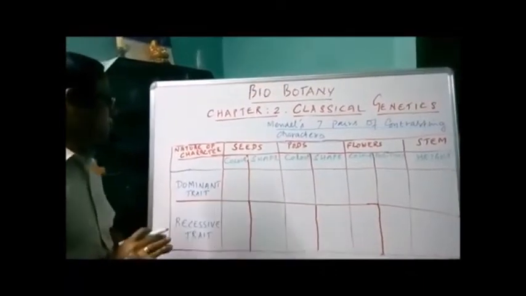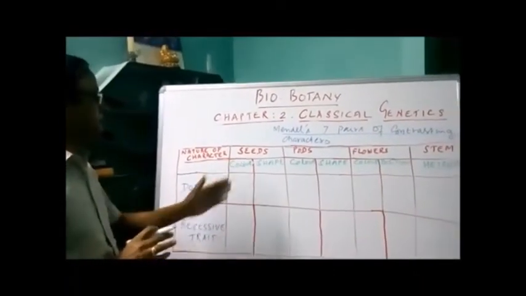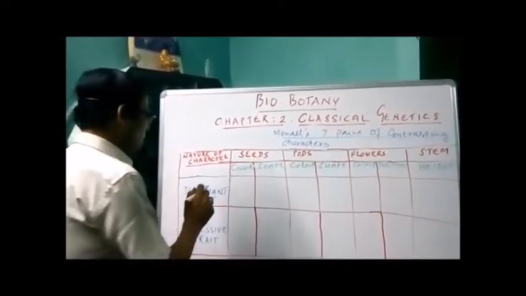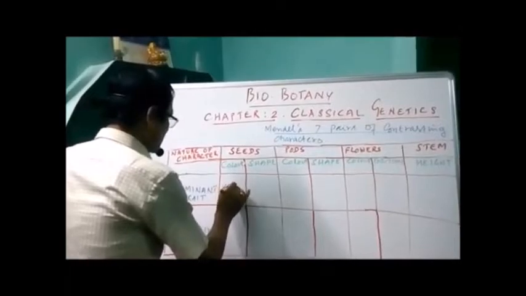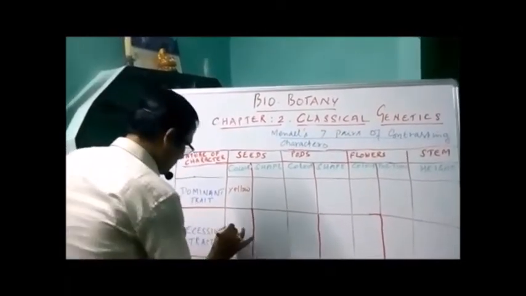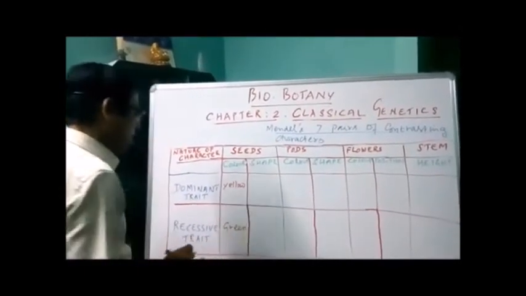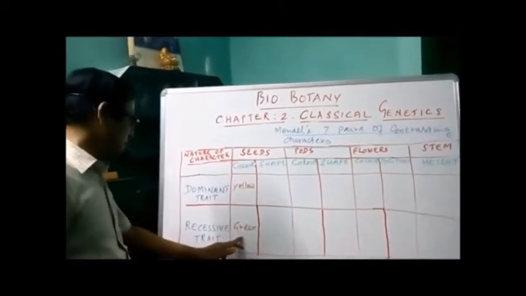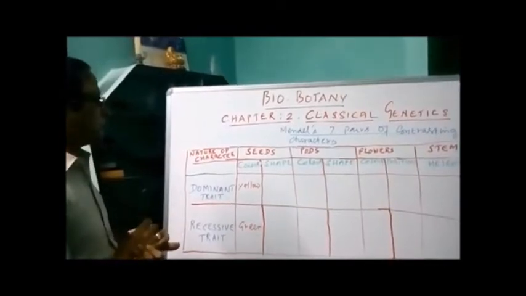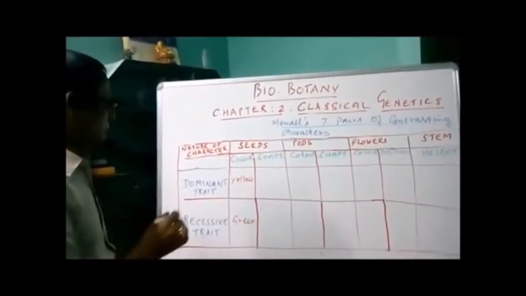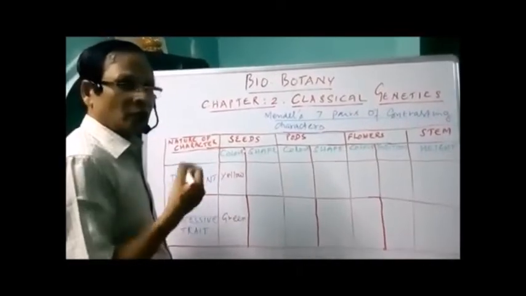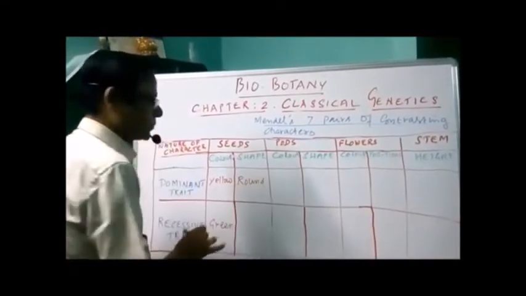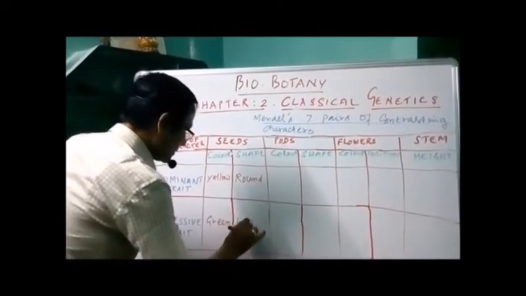So I take now the seeds. Under the seeds I am taking first the color of the seed. For the color of the seed there are only 2 varieties: one is yellow, another one green. The yellow variety is considered a dominant trait and the green is considered a recessive trait. Now about the shape of the seed. The seed shape may be round, which is a dominant trait, and another one wrinkled.